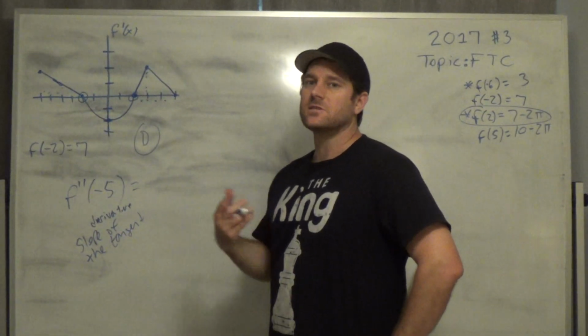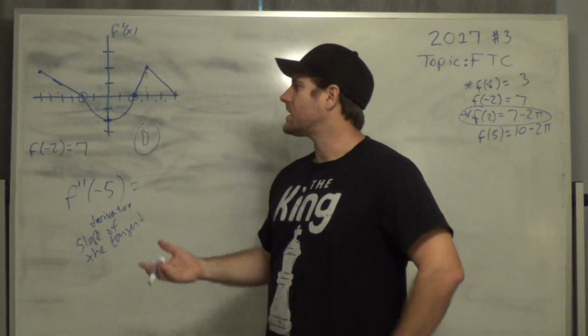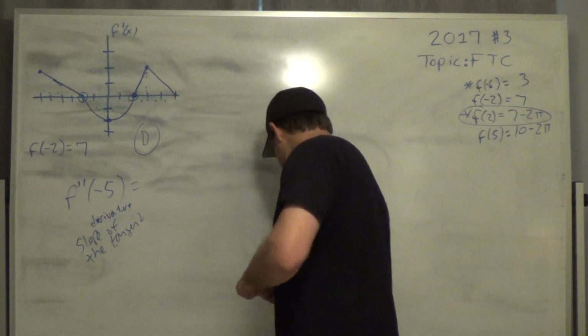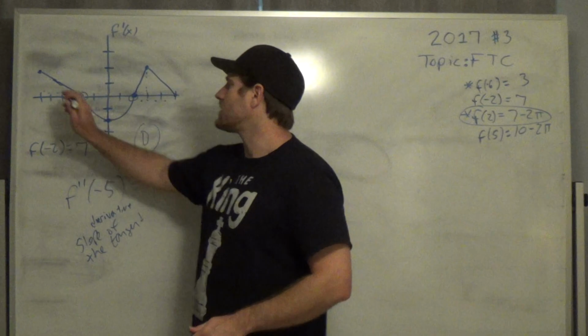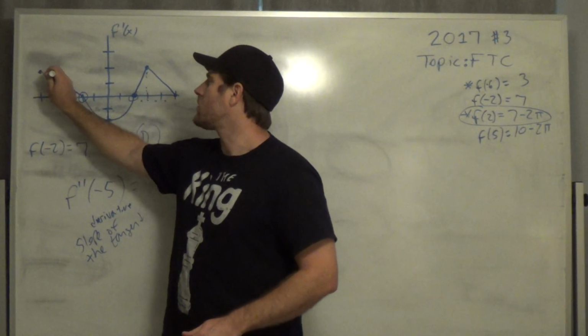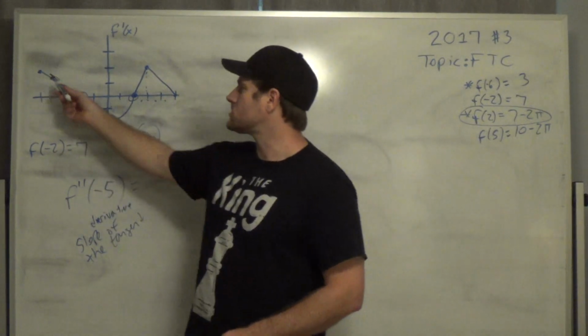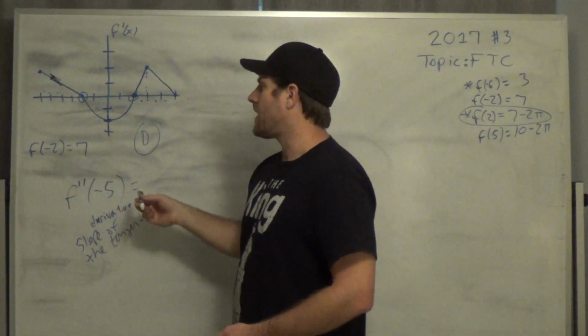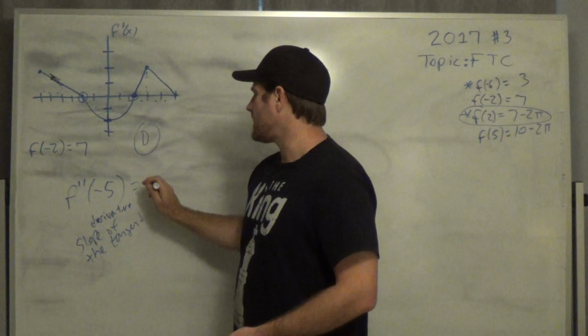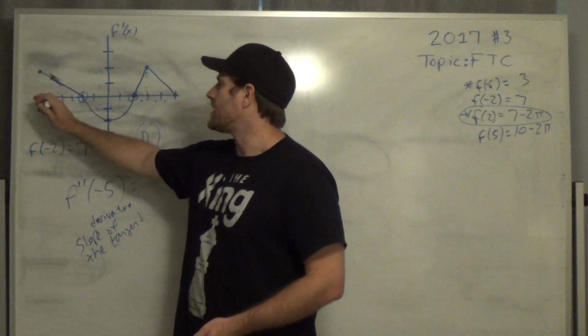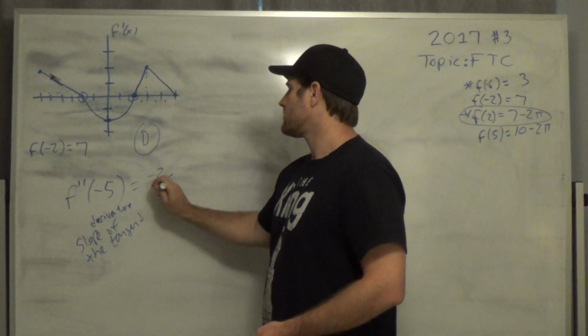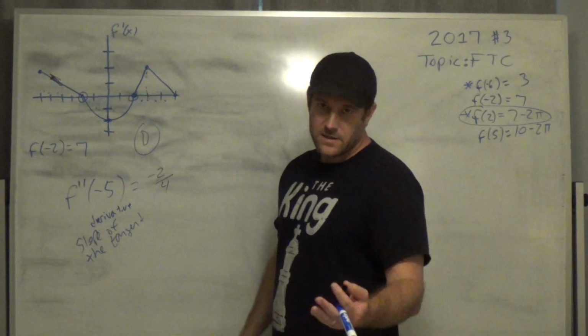The derivative means the slope of the tangent line, so we just want the slope of the tangent line at negative 5. So I'm going to go to negative 5. And the question is, what's the slope of that line? Now, several ways of doing it. You could just do old school slope, or you can count rise over run. Like I'd probably just say, all right, my slope is, it goes down 2 over 4. And you could simplify it to negative 1/2.